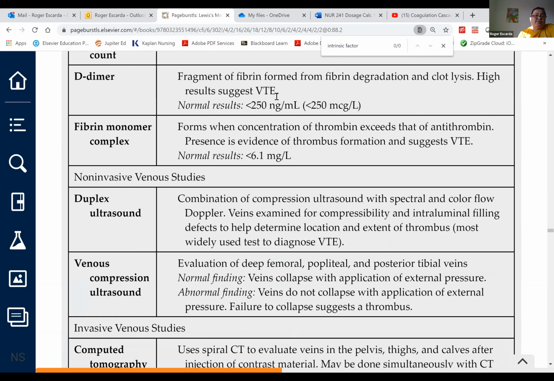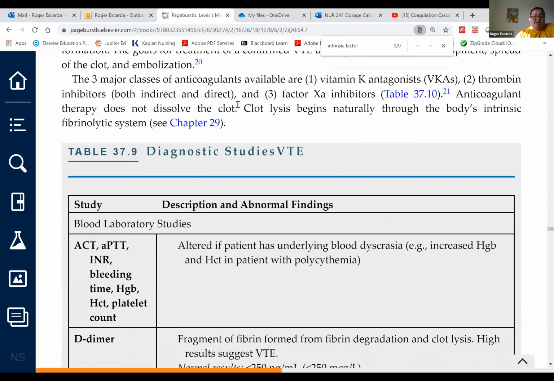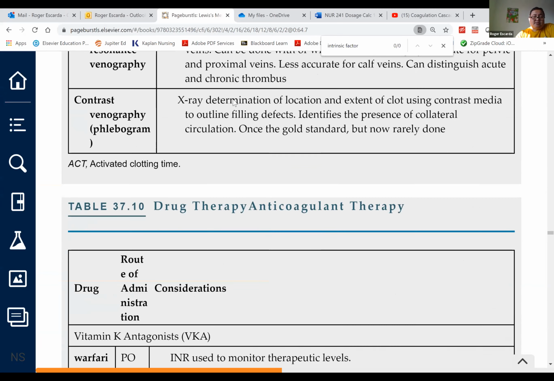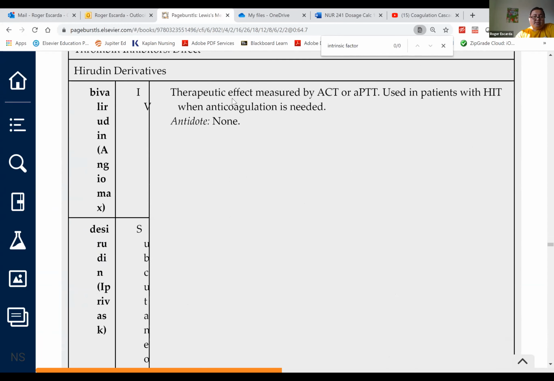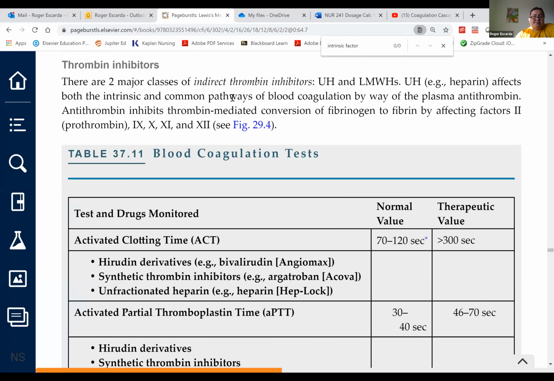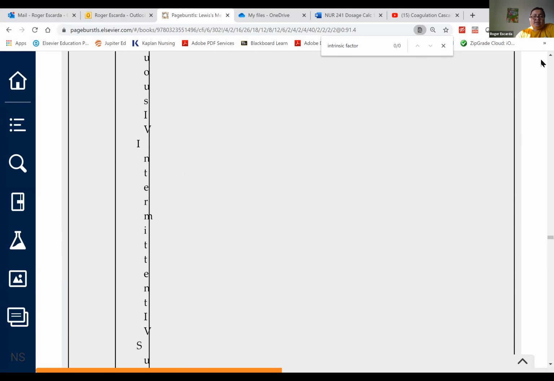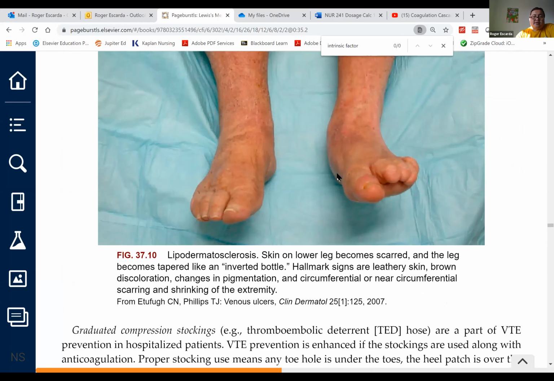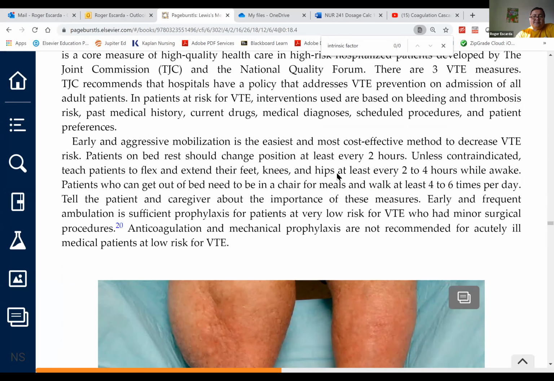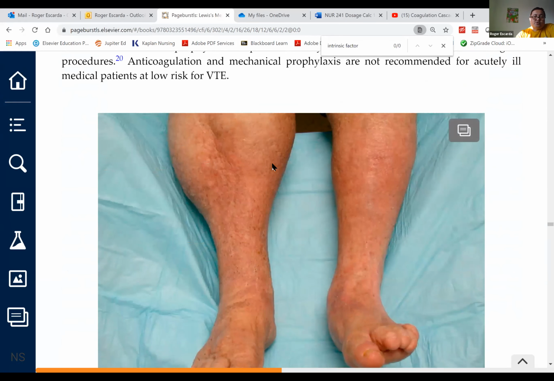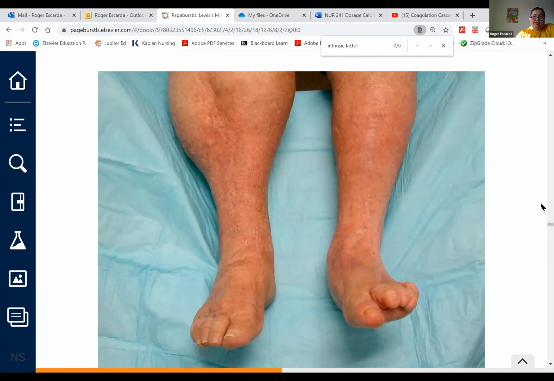So let's say the patient doesn't have these symptoms here. Symptoms are unilateral leg swelling, edema, or a red streak along the course of a vein, for instance, are your common symptoms.